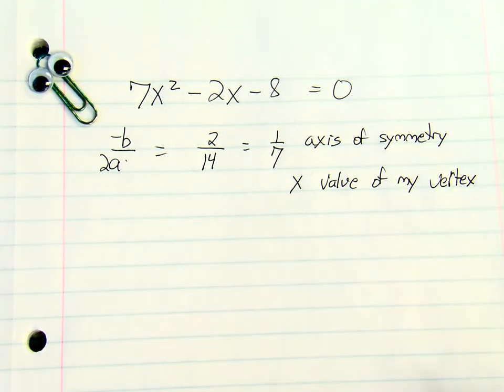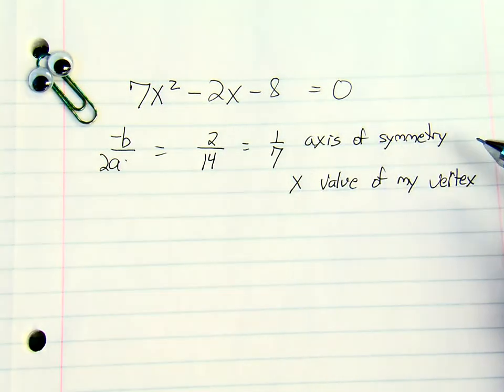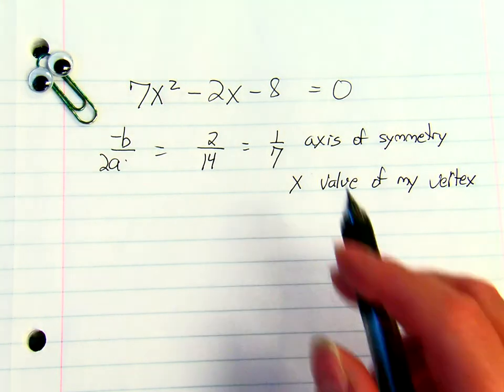If I put the 1/7 in, I would actually be able to get the y value, and I would know where my exact vertex point was.